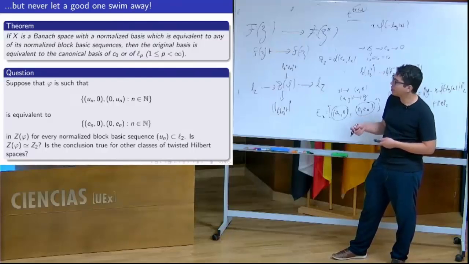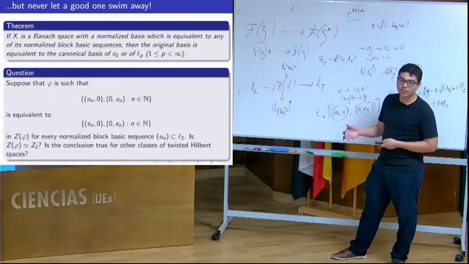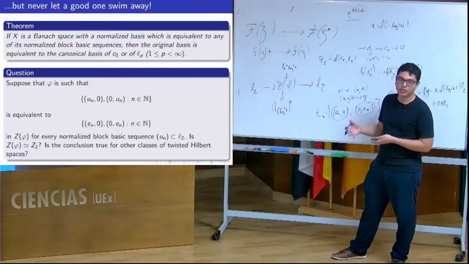In the Kalton-Peck space, this sequence is equivalent to the original one. So you get a subspace isomorphic to the Kalton-Peck space inside of it. So is the Kalton-Peck space the only twisted Hilbert space that does it? So this is the open question, trying to understand why the Kalton-Peck space is special. It is special. You just need to understand better why.